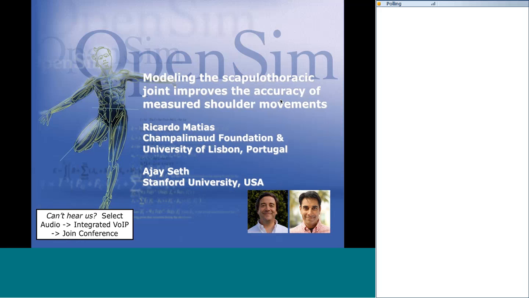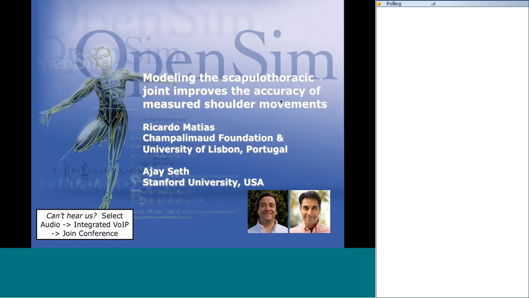His research merges musculoskeletal modeling and advanced statistical pattern recognition techniques to help unveil the interactions of complex skeletal and muscle dynamics that are involved in producing healthy and pathological movements. Ricardo is also very enthusiastic about open science and has been a contributor to the OpenSim community, sharing his models and data.